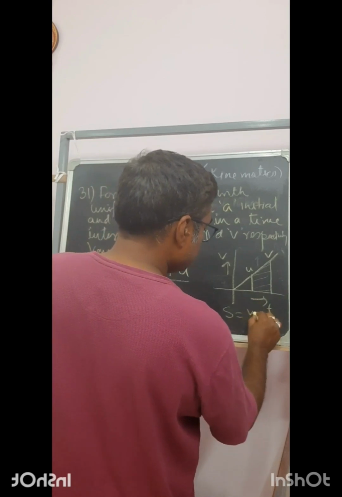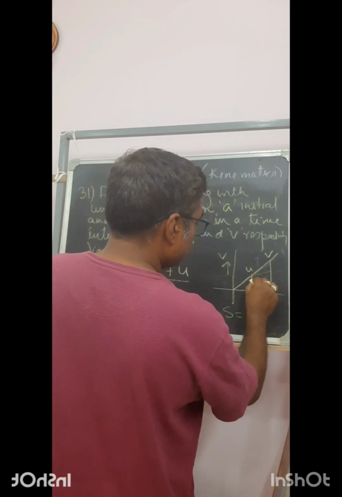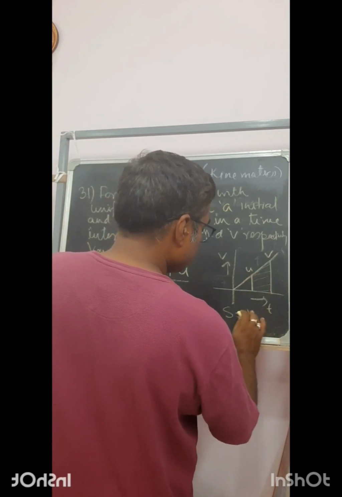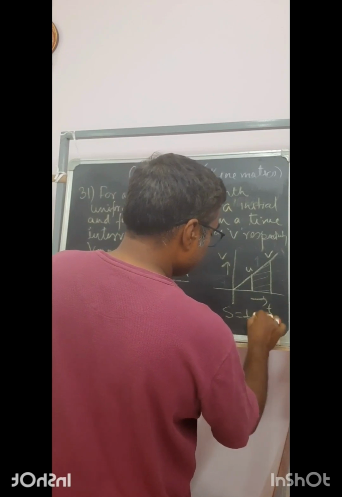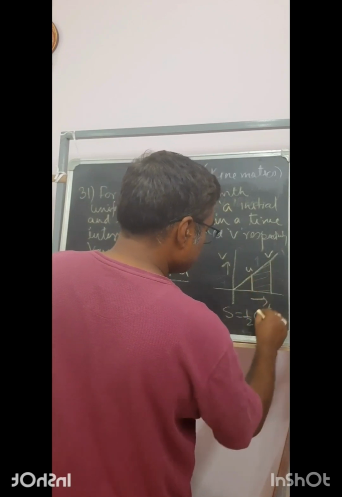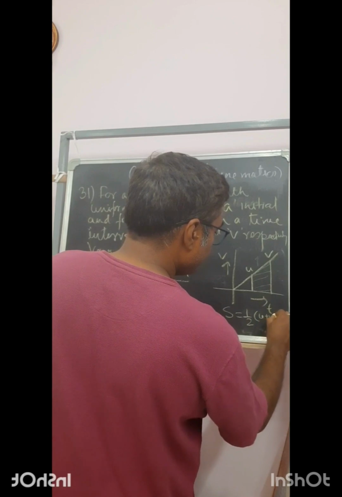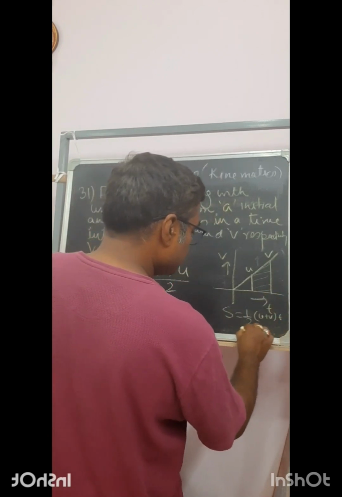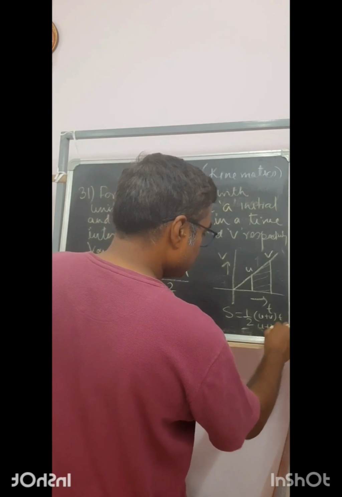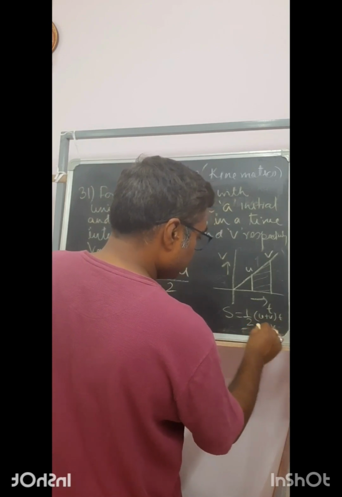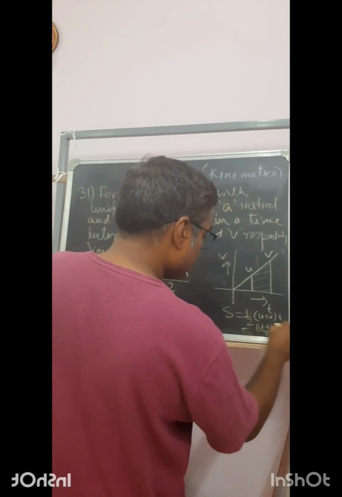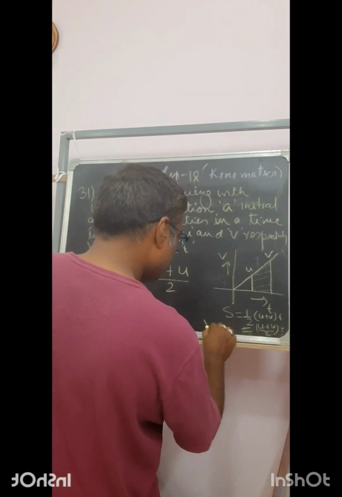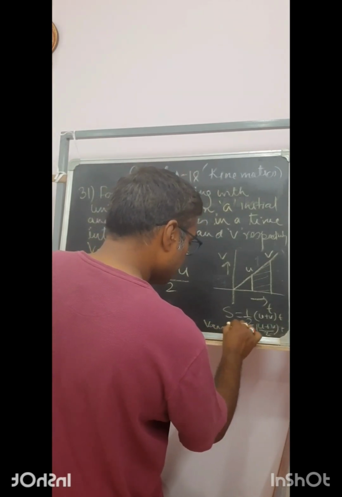So this is half into the sum of these parallel sides into the time t. So here you can see this is average velocity, v plus u by 2, into time, that is v average into time.